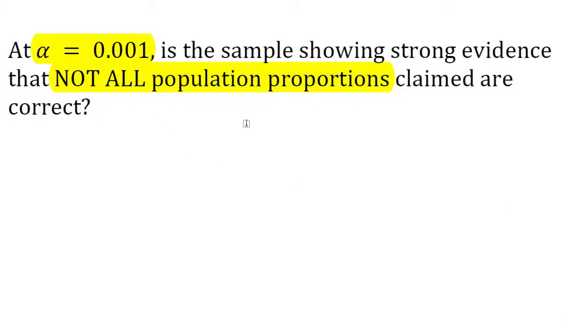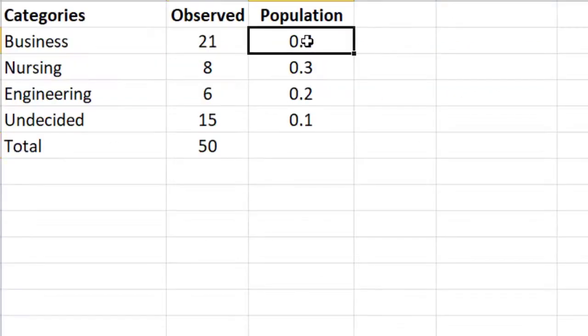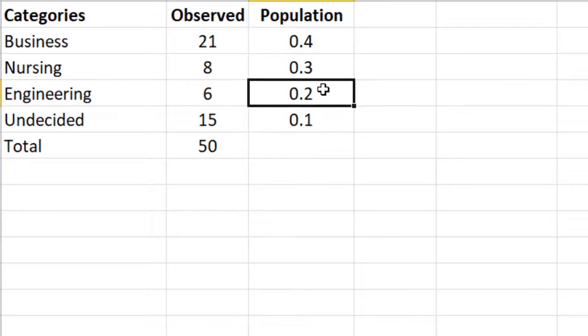In another way of saying, not all population proportions claimed are correct means some of the population proportions claimed here must be incorrect. And that's the whole intention of this. So 4 population proportions are claimed here, but we now want to prove that some of these proportions must be incorrect.